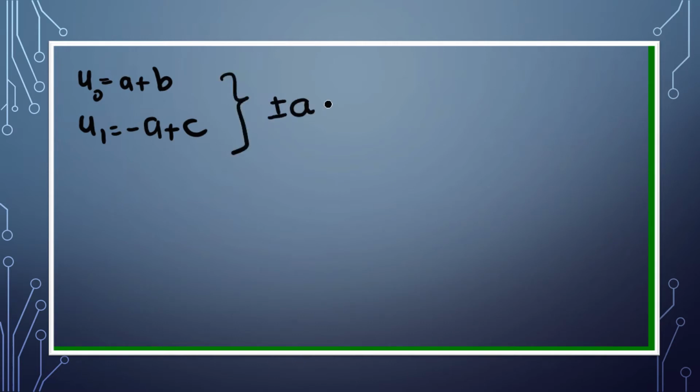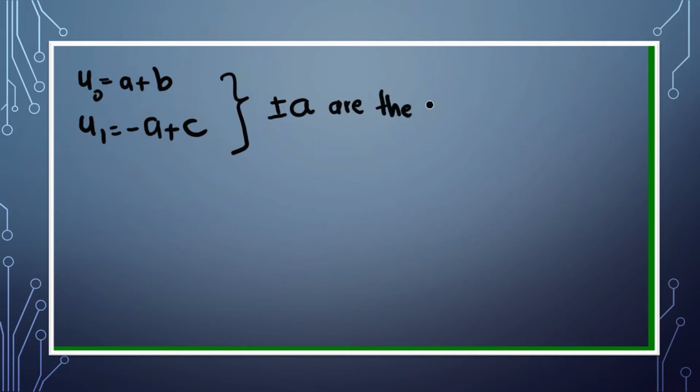If we have, for example, u0 equal to a plus b, and u1 is equal to minus a plus c. Okay, so we have here the noise terms. The noise terms are plus and minus a.